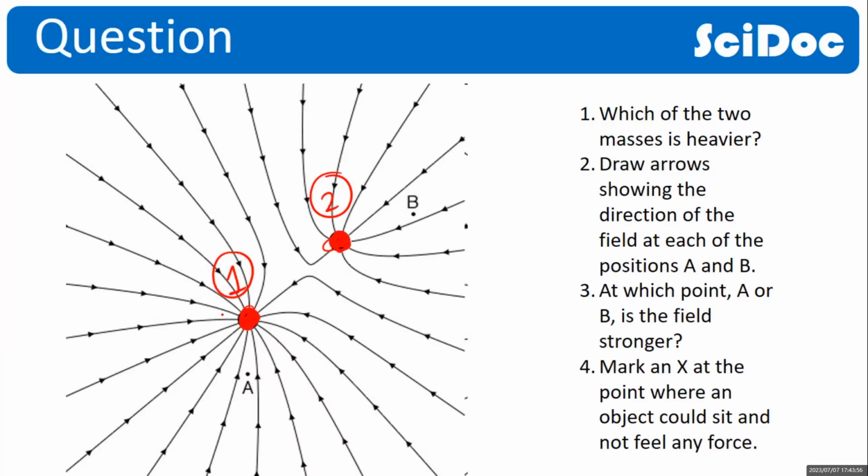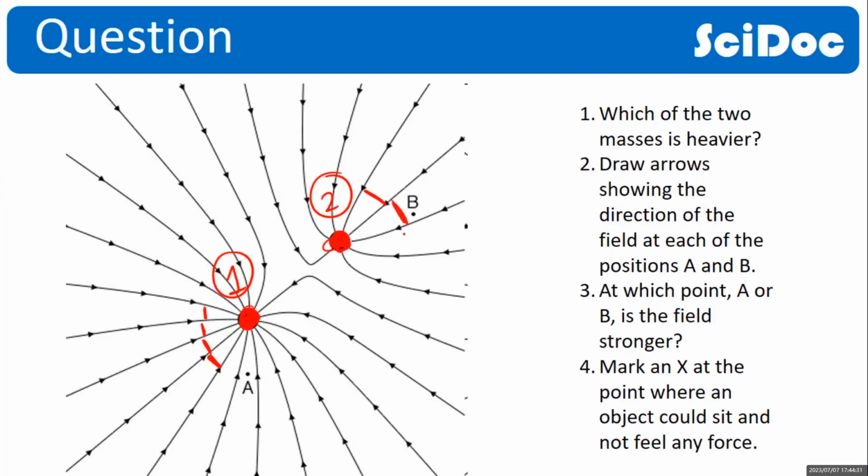The first question says, which of the two masses is heavier? The heavier mass must have greater gravitational force, and greater gravitational force means there must be a greater gravitational field strength, which is represented by close gravitational field lines. If you look at the diagram, in the first diagram the distance between the lines is small, whereas in the second diagram the distance between the lines is bigger.